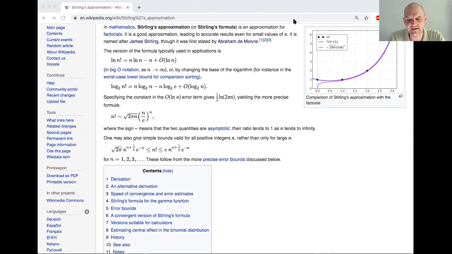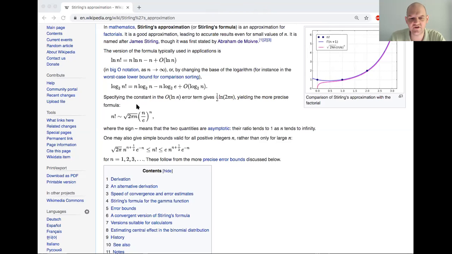I'm going to define that on my calculator, and then I'll switch over to the calculator. So we're saying, or he's saying, I am not signing off on this: 2 pi times n, and then n over e to the n. Okay, I don't know if that's what I remember as being Stirling's formula, but whatever.